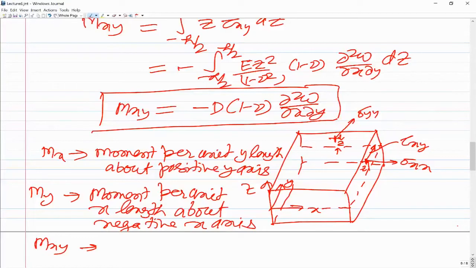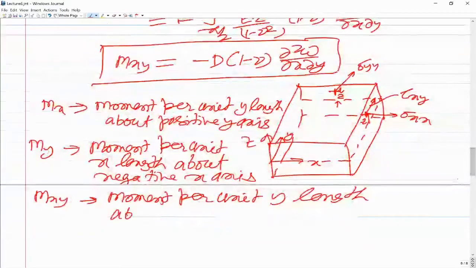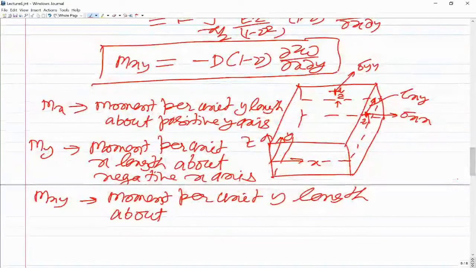So mxy is the moment per unit, no, per unit y length about the negative x-axis, because this will produce the moment about this axis, and sigma xx will produce the moment about this axis.